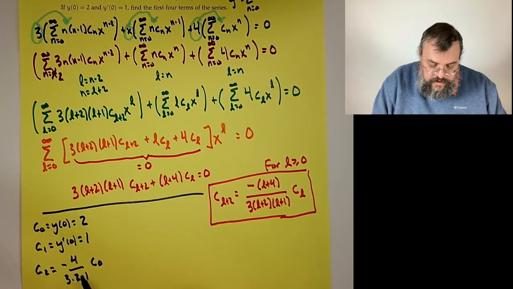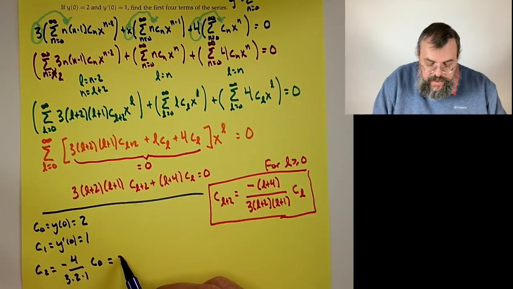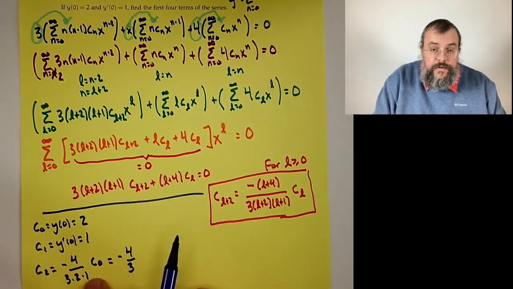Well, that's not so bad, because we know C0 is 2. So the 2's cancel, and we end up with minus 4 over 3. I'm using the fact that C0 equals 2.